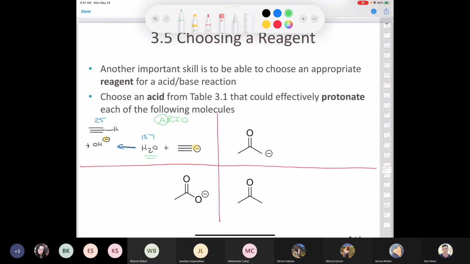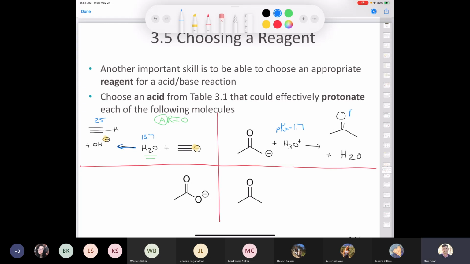Okay, let's take this next one here. What would be an effective agent to protonate the conjugate base of a ketone? Well, in that case, a good acid would be something like hydronium. Let me show you why. When we draw the ketone out plus our water molecule, this is our acid, the hydronium. It has a pKa of around 1.7.